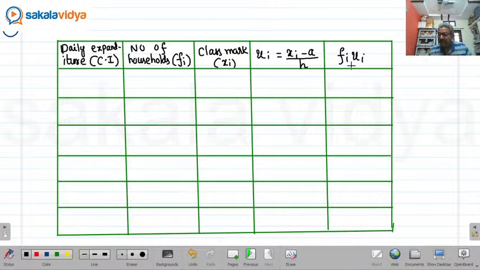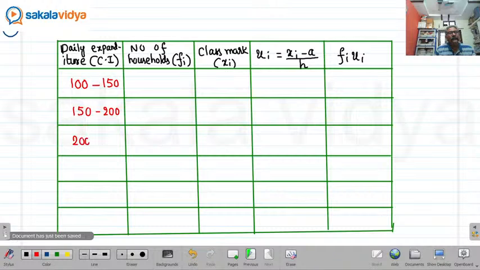Right, let us write it now. 100 to 150, 150 to 200, it is continuous class only. 200 to 250, 250 to 300, 300 to 350.